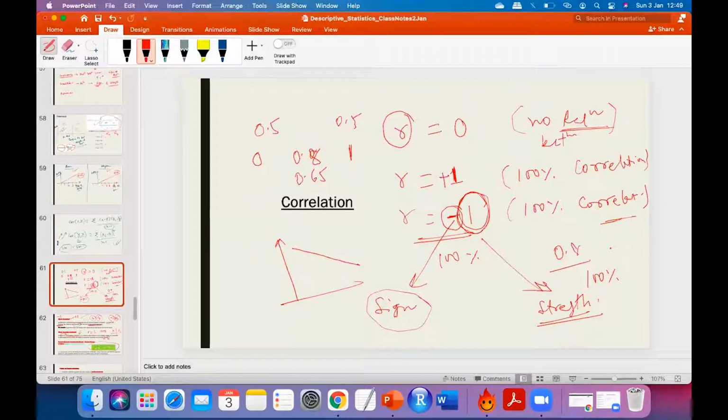The effect of study hours on marks in case of Ram and also in case of Sham. So there are two different graphs basically. When we talk about all these things, we talk about two different graphs and we correlate between those two. We check the strength of the correlation, right?